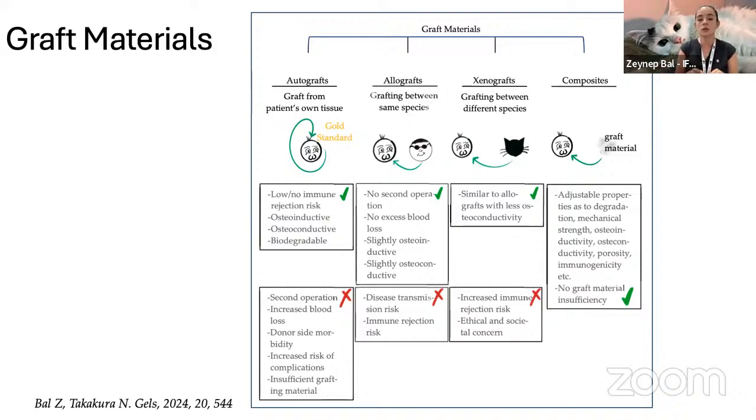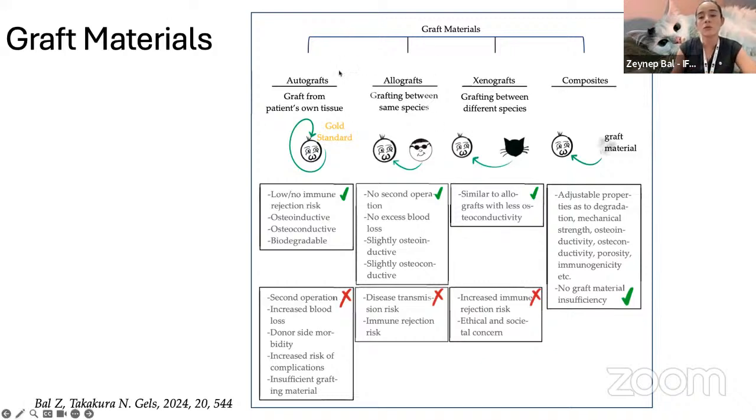It is osteoinductive and osteoconductive. Amazing. It is biodegradable. But this means that I have to go for two operations, which increases the blood loss, which increases the burden on my body because I will get more anesthetics, and it will increase the complications, and the amount of tissue that can be taken from my iliac crest may not be enough.